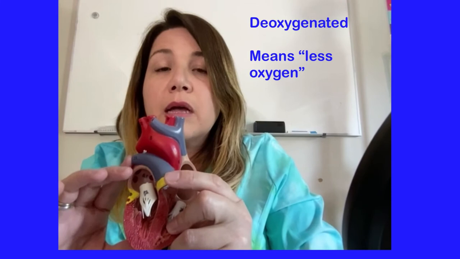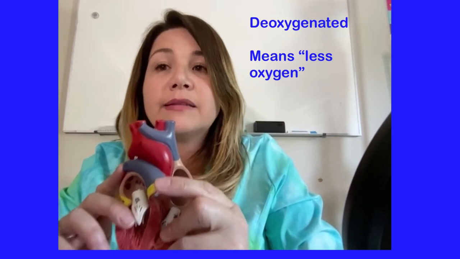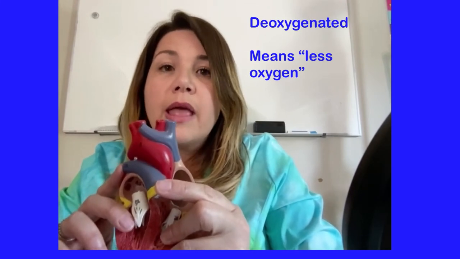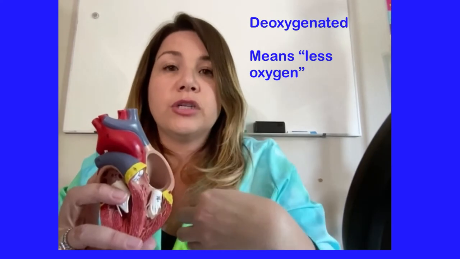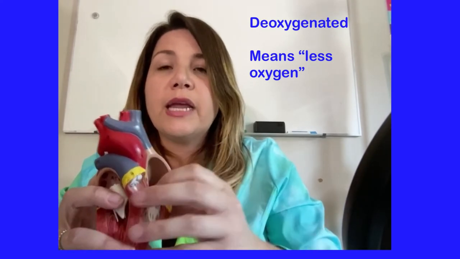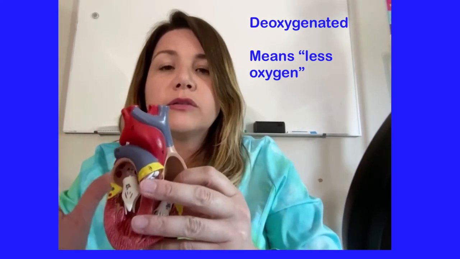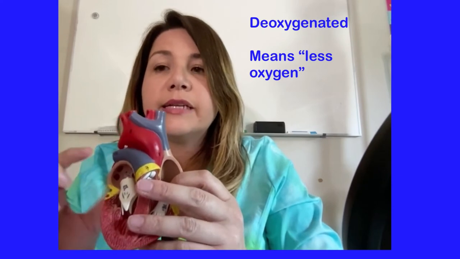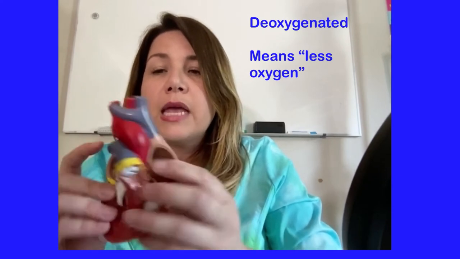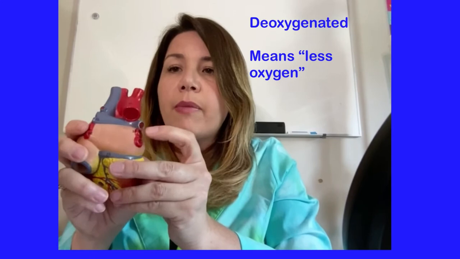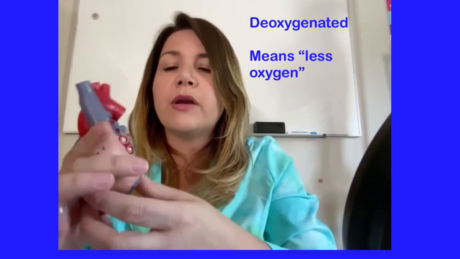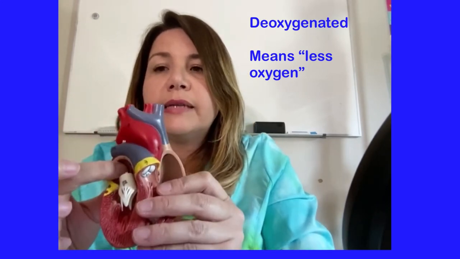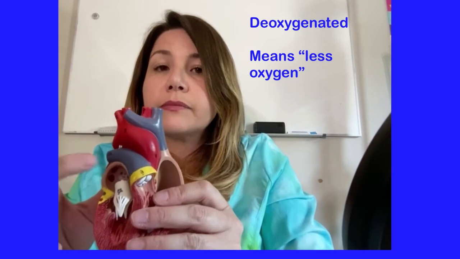So it goes to the lungs, and in the lungs it picks up oxygen. Now we breathe in oxygen, and so we take that oxygen in, and the blood from the heart is going to pick that up in the lungs, and it's going to actually come back into these little areas. You see them in the back of the heart here, called pulmonary veins, and it's going to end up in the left atrium.